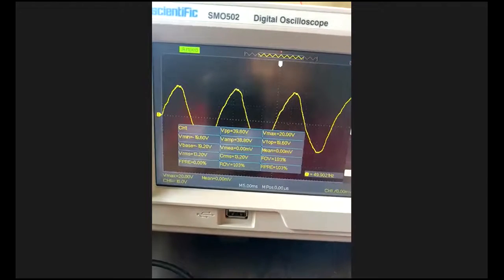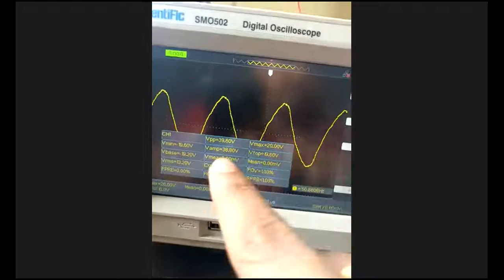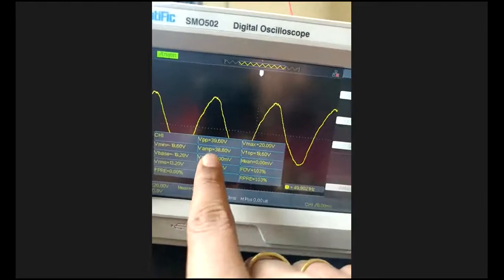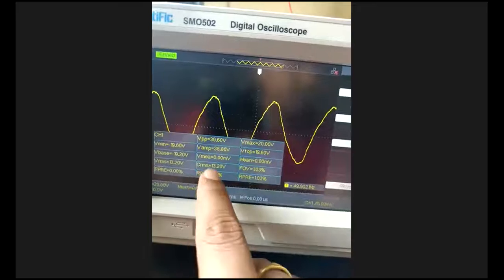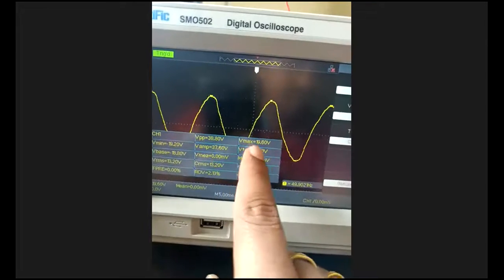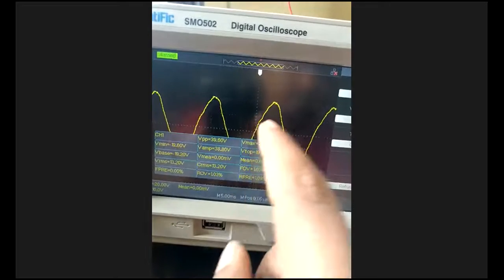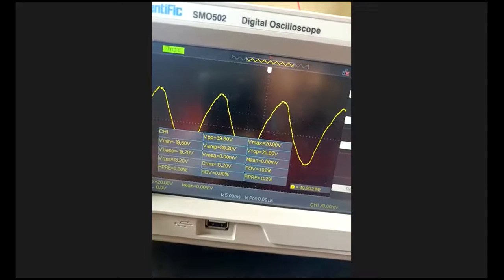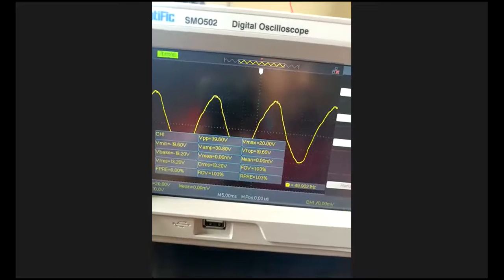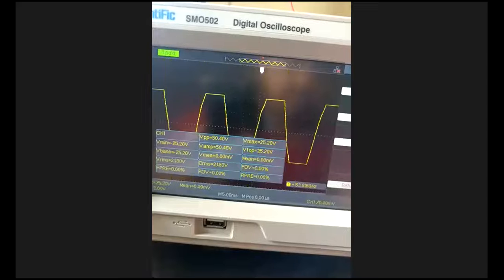Peak to peak, 39.6. And V amplitude is 13.8. V measurement 0. C RMS, and V max. See 19.6, it is moving, no? Yes, sir, moving, it is changing. But just a minute.